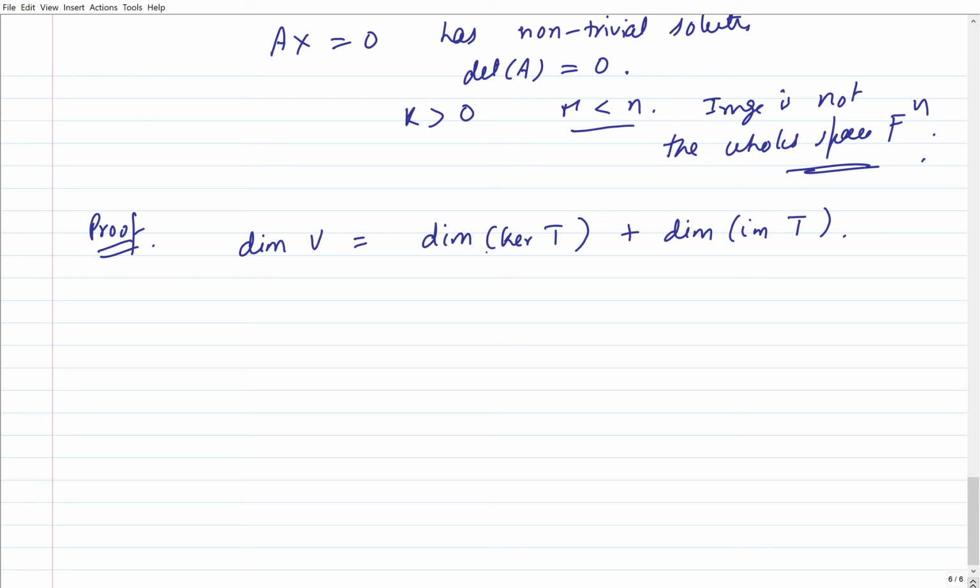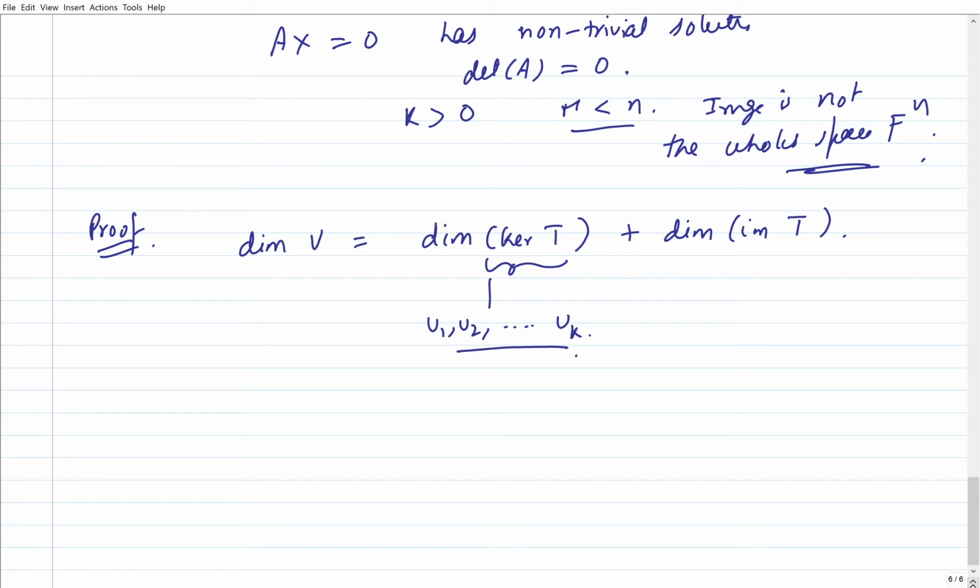So remember, we are dealing with these subspaces. One can consider the kernel of T as a subspace, and let U1, U2, up to Uk be the basis for the subspace.